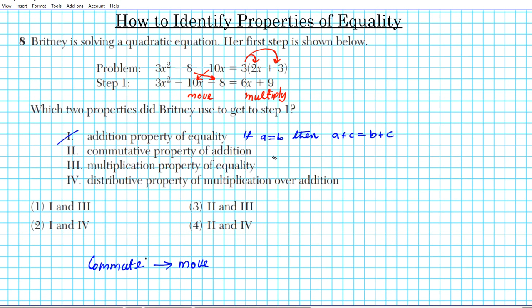All right. So commutative property of equality basically implies that A plus B is equal to B plus A. All right. So here, you got to be a little bit careful. The signs weren't changed. She just reversed the order here.